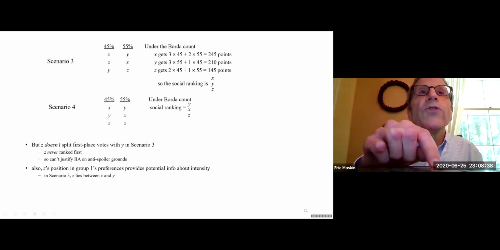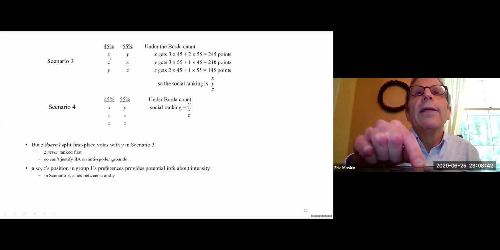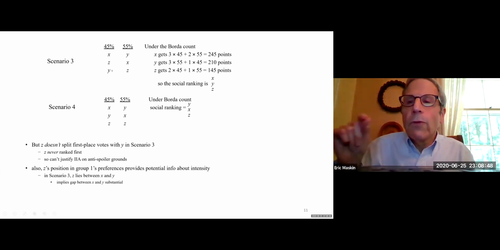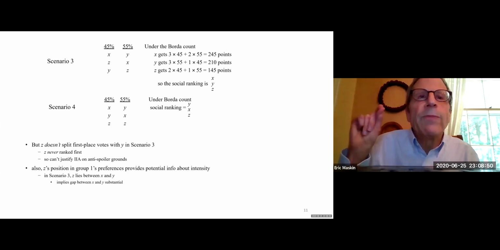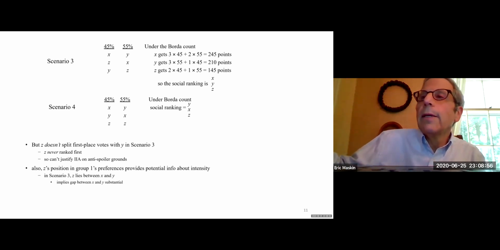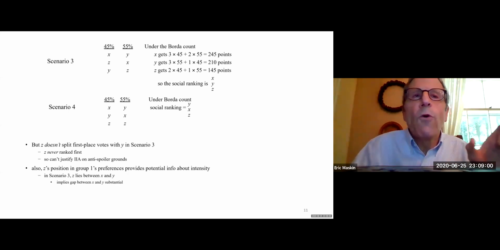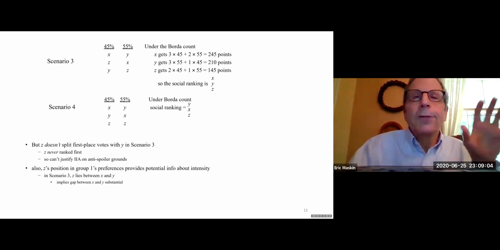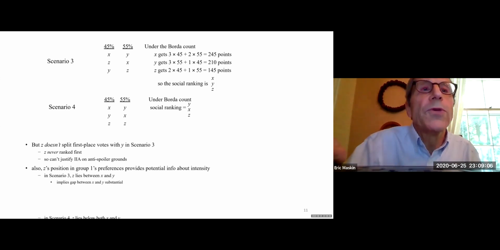Notice that in scenario 3, Z lies between X and Y. That suggests that there may be a substantial intensity gap between X and Y. And I'll give you a formal reason for thinking this in a minute, but just go along with me for the moment.